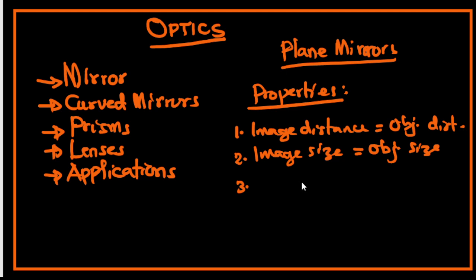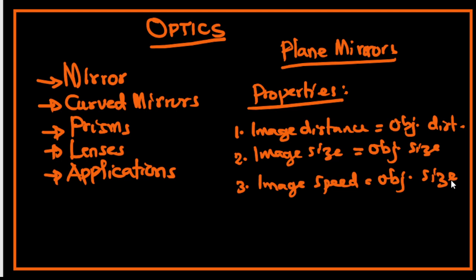So if an object goes closer to a mirror, the image itself comes closer to it. So which means we can assure, it is safe to say, the image speed is equal to the object speed. The image speed is equal to the object speed.